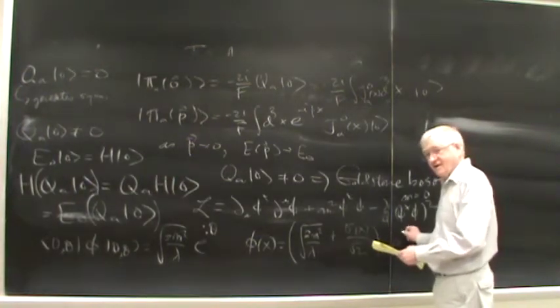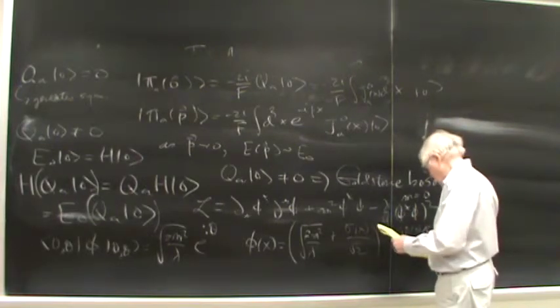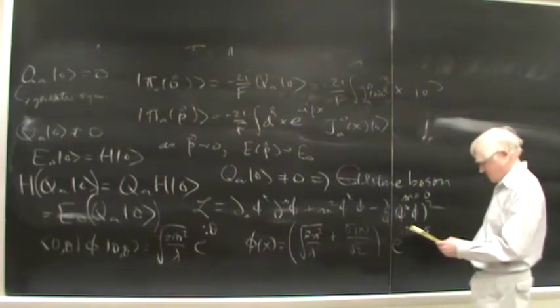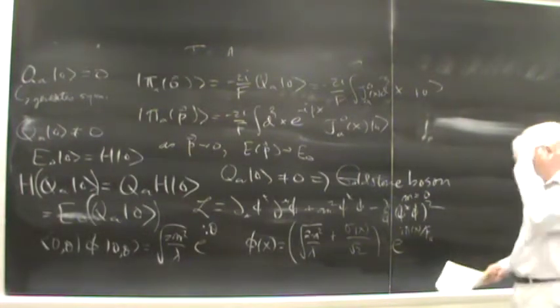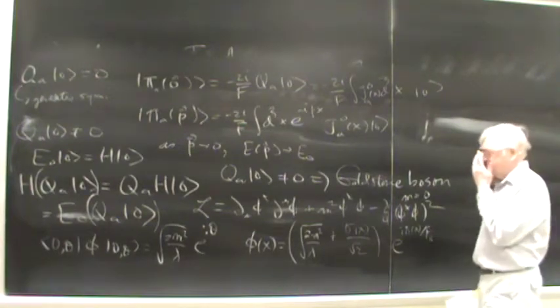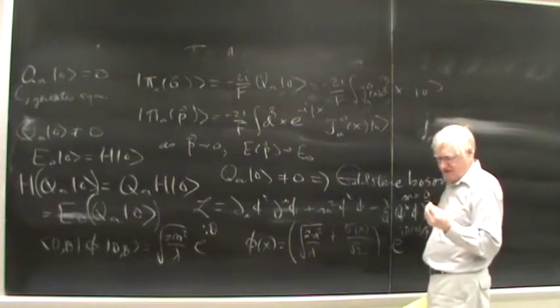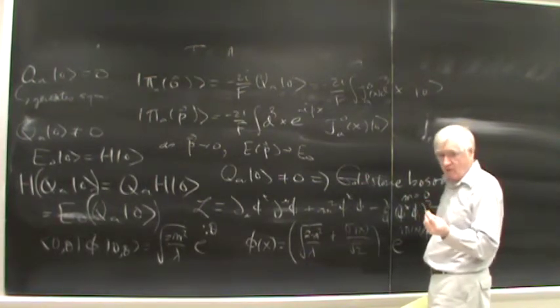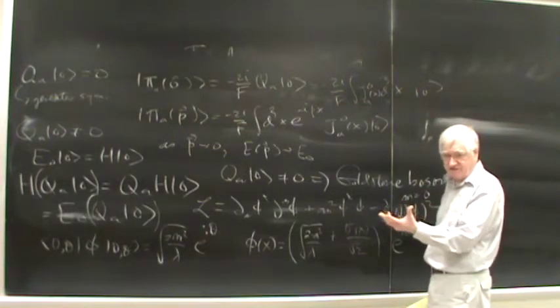This is e^{iπ(x)/f_π}. f_π is just a number. And so we're going to write the complex field this way. As I said, the simple way to write the complex field is just 1/√2 (x + iy), I mean φ₁ + iφ₂.